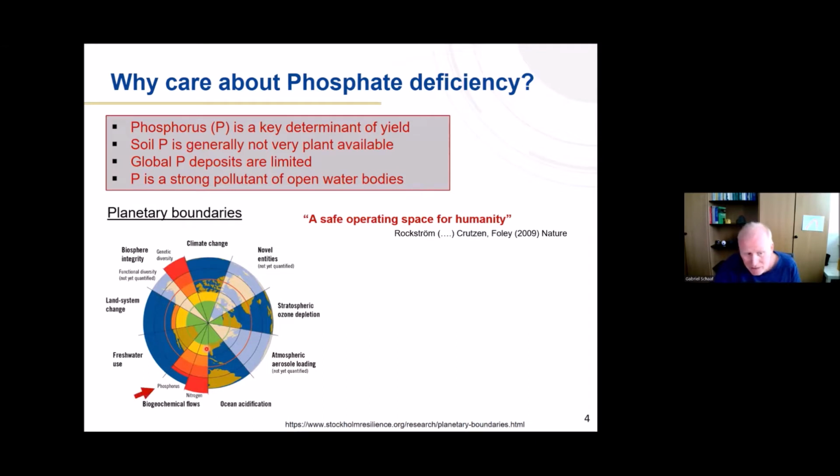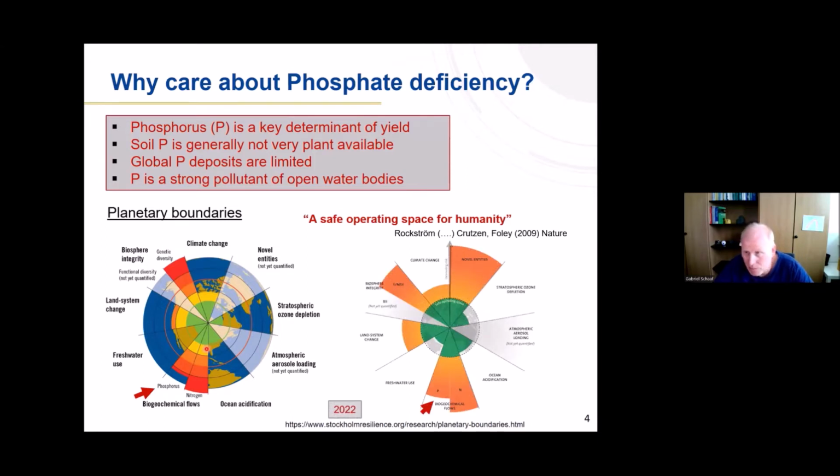This was, of course, a study from 2009. It has been updated, and phosphorus again is considered even more threatening: the deranged biochemical flows of phosphorus are considered to represent a greater risk to planetary health as compared to, for example, climate change, which is really surprising, but also understandable because of this risk of environmental pollution.